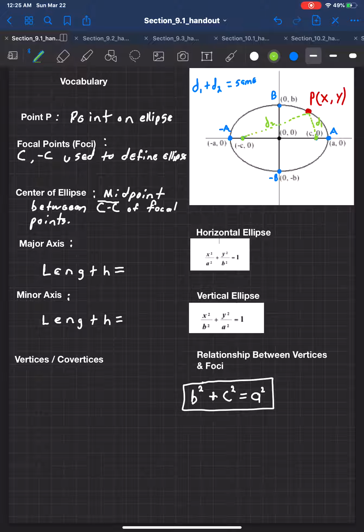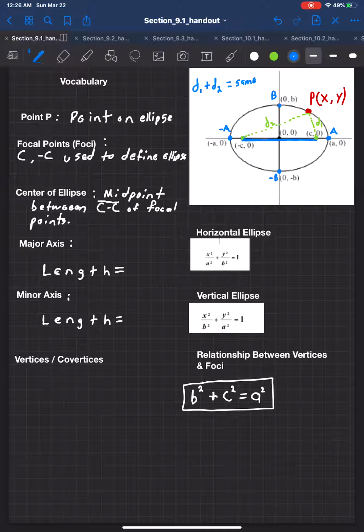In other words, if you think about this line segment, the line that connects focal point to focal point, the center of the ellipse is always in the middle of that. It's the midpoint between the two focal points.